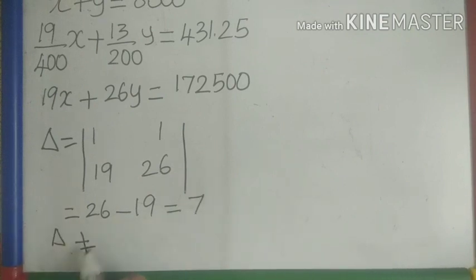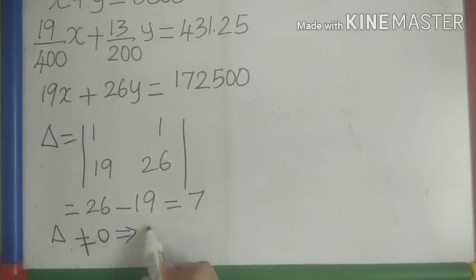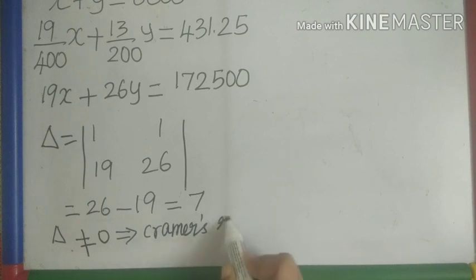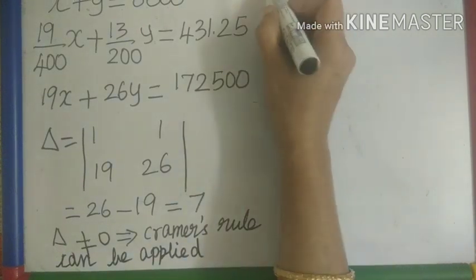Immediately declare del not equal to 0. I can apply Cramer's rule. So whenever determinant method is given, it is nothing but Cramer's rule. And Cramer's rule can be applied only when del is not equal to 0.